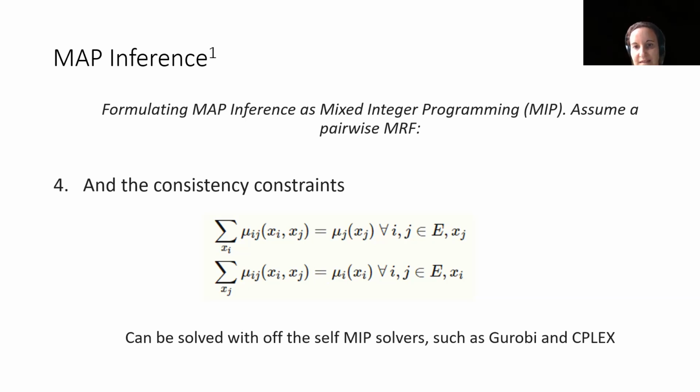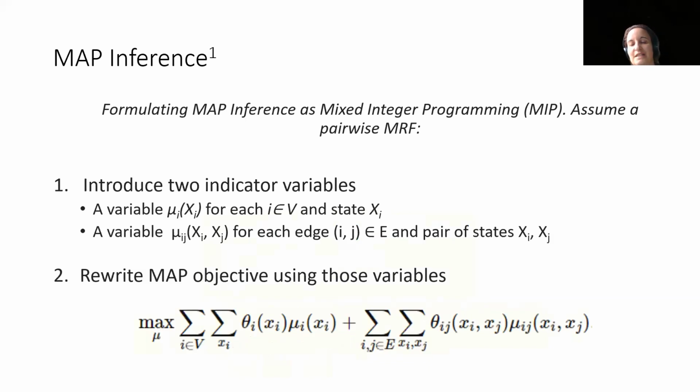And once we have that, we can solve it with off-the-shelf solvers like Gurobi or Simplex. So basically, it's actually a very simple problem in terms of OR. What it says here is that I define a MIP problem that tells me for every variable which states are active, and states here are the values.